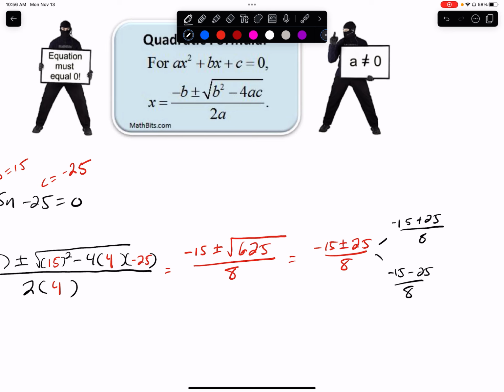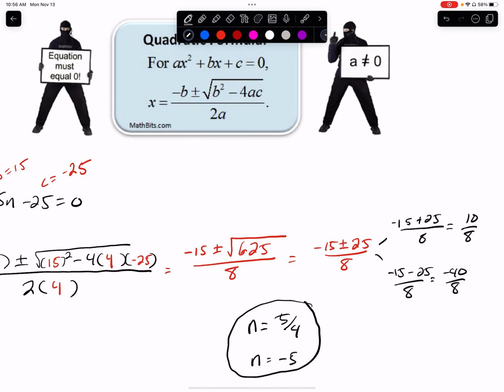If you do that in your calculator, negative 15 plus 25 is going to give us 10 divided by 8, and negative 15 minus 25 is going to give us negative 40 divided by 8. So our two answers to this problem are n is equal to, the simplified version of that, 5/4, or n would be the simplified version of negative 40 divided by 8, which is negative 5.